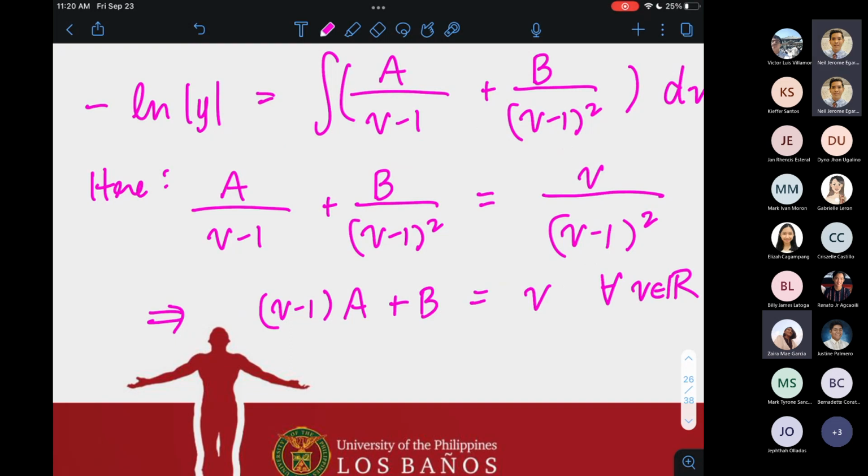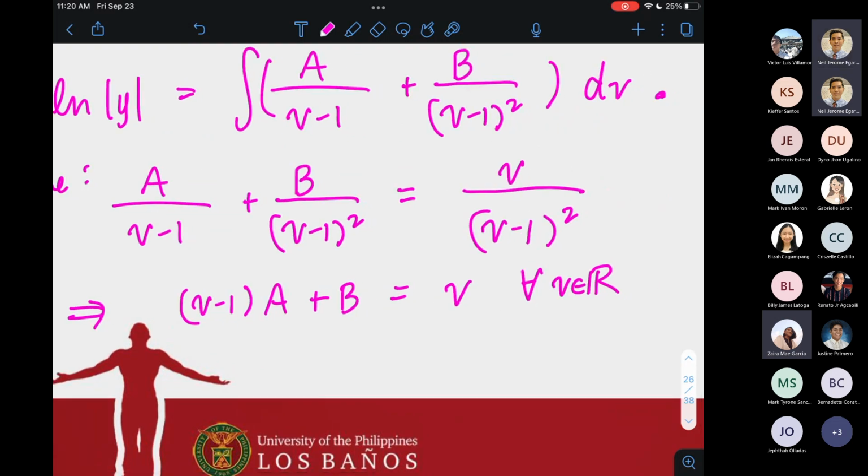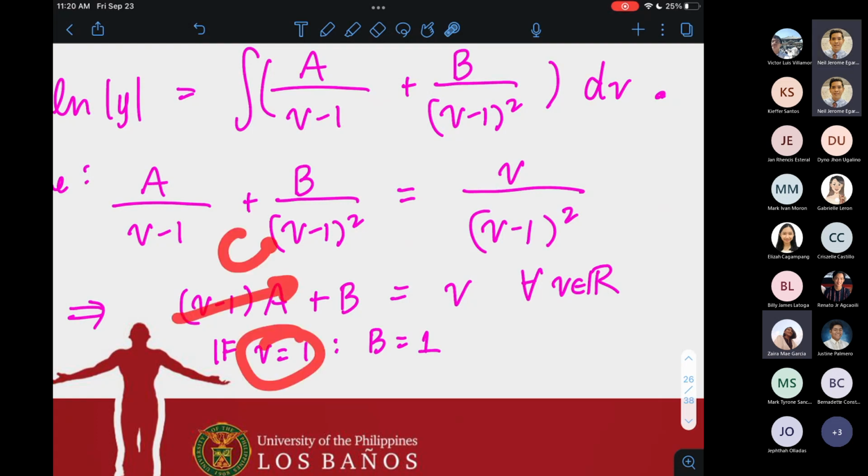Now, kung totoo siya sa lahat ng value ni v, universal instantiation, dapat totoo siya sa v equals 1. Kapag kasi v ay equal kay 1, this guy will be 0 times a, that's gonna be 0. So we'll have b equals 1. Kasi nga si v ay equal kay 1, ito ay magsi-0, matitira si b equal kay 1.